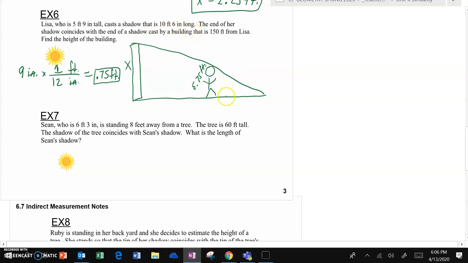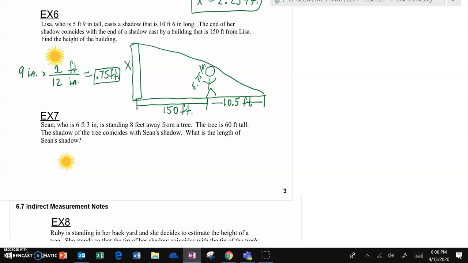So we all know that that's 10.5. Okay. All right, what else can we label? So we also know that the building is 150 feet from Lisa. So I'm going to go ahead and put that in. 150 feet from Lisa, and we know the distance is 10.5. Okay, so it looks like I have my diagram labeled.